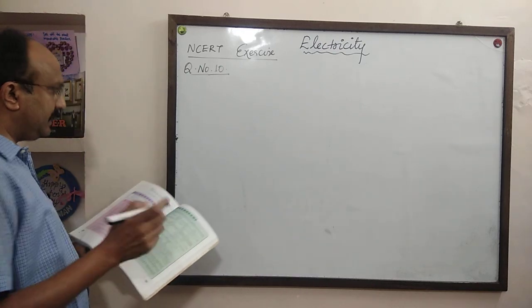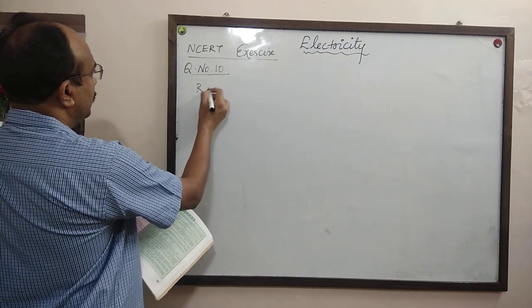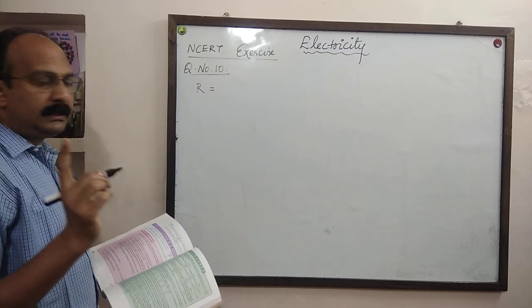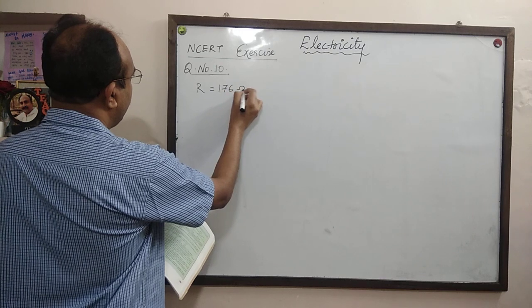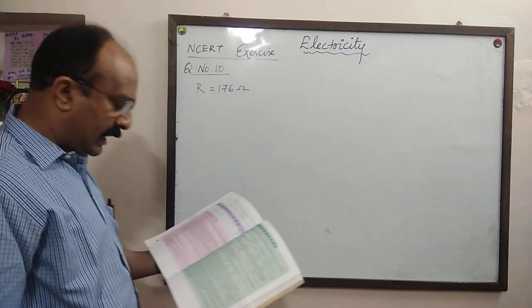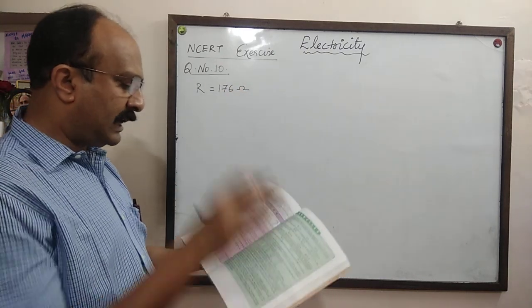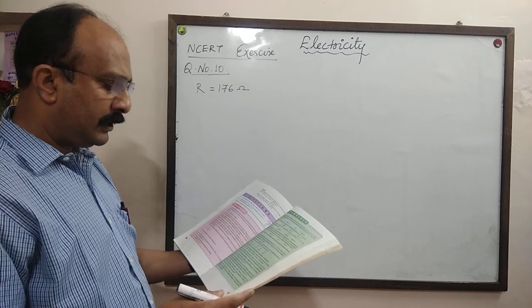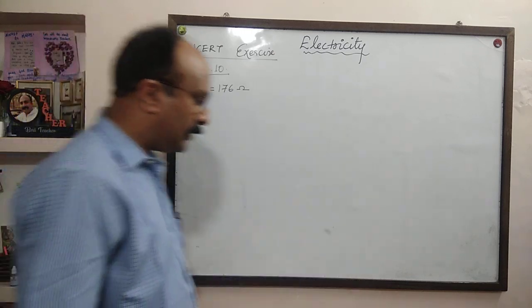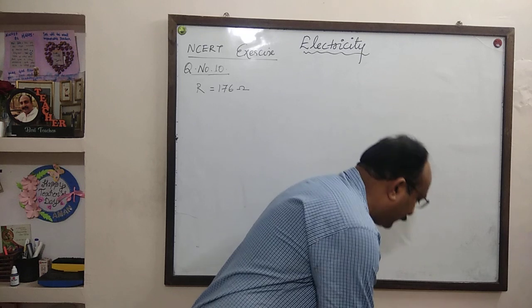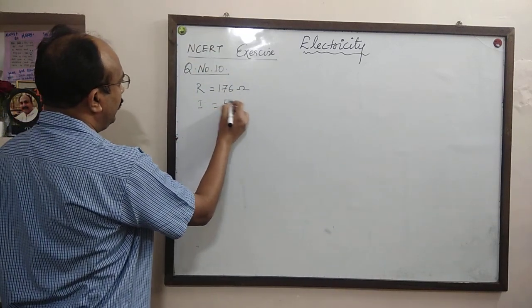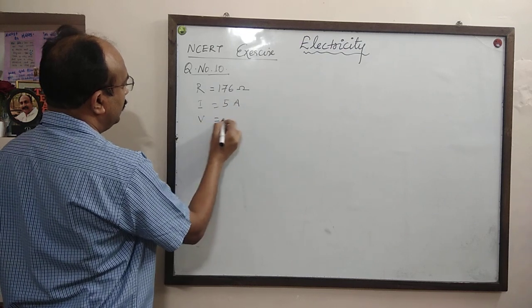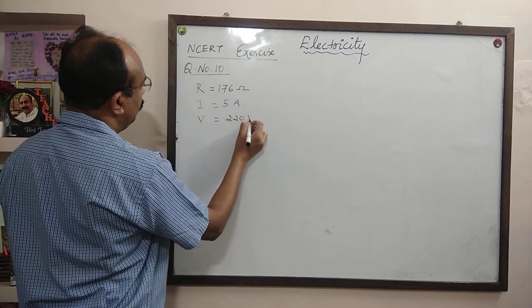How many 176 ohm resistors? So, resistance of one resistor is given, 176 ohm. How many of these are needed which are to be connected in parallel to carry 5 ampere on a 220 volt line? So I is equal to 5 ampere and V is equal to 220 volt.